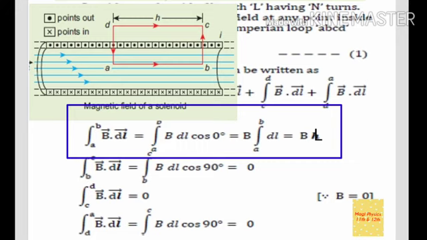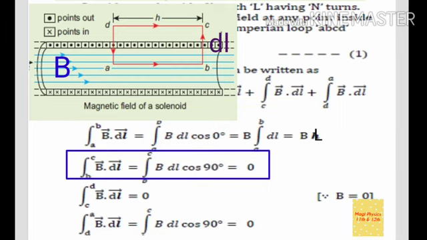In this case, both are lying in the same direction, so the angle theta will become 0 degree. We know that cos 0 is equal to 1, so this equation will become B into integral A to B dl. We know that integral dl is equal to L. So the equation becomes B into L.